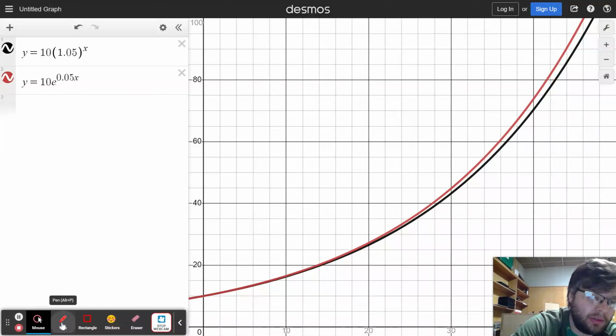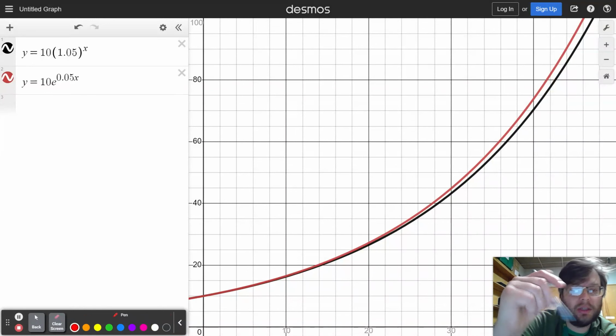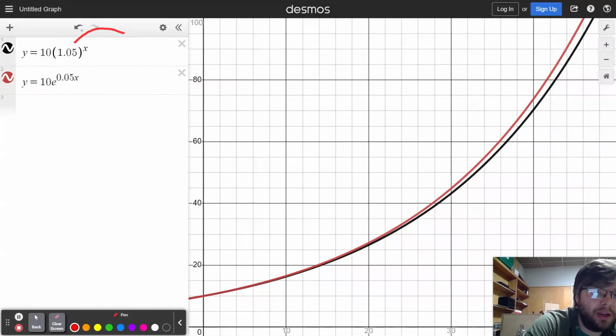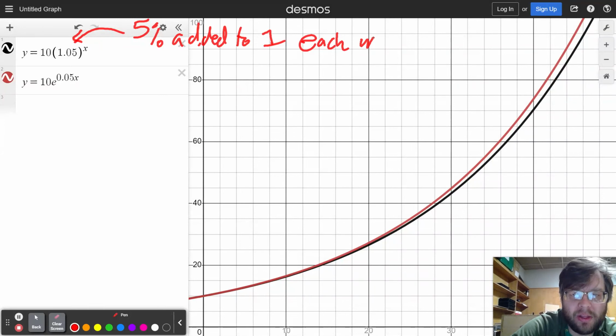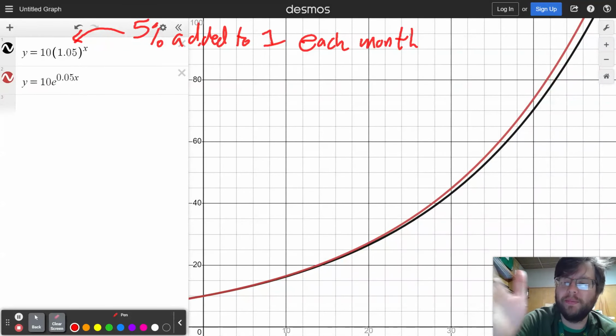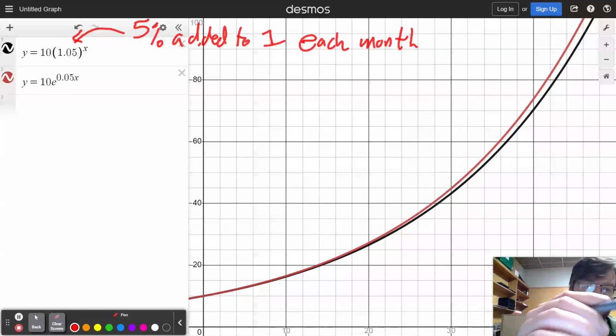When you look at the way these are structured, we use 1.05 for the black curve because that's 5% added to 1 each month. So at the end of each month, you have 5% more than you did at the beginning of the month.